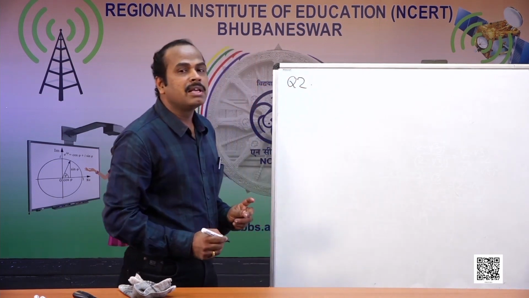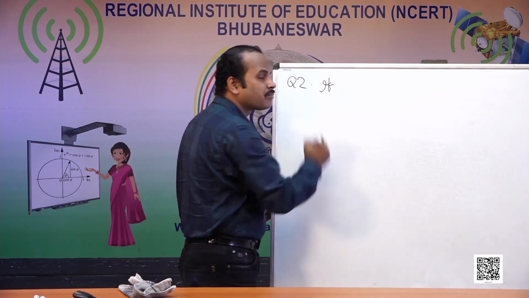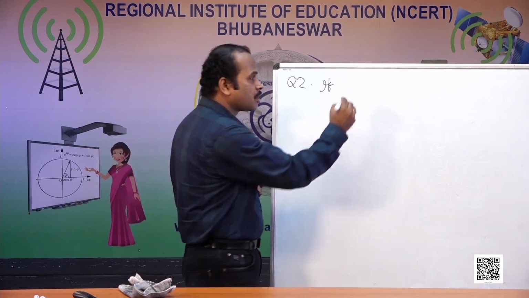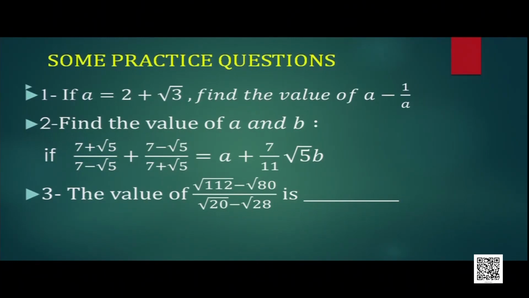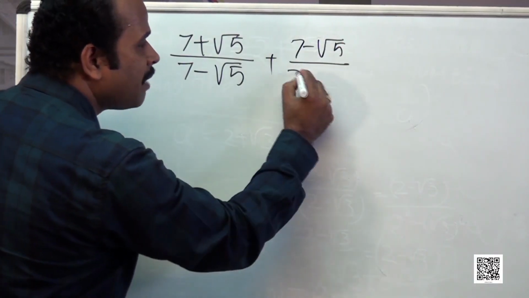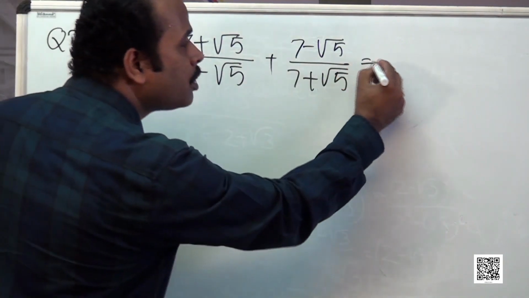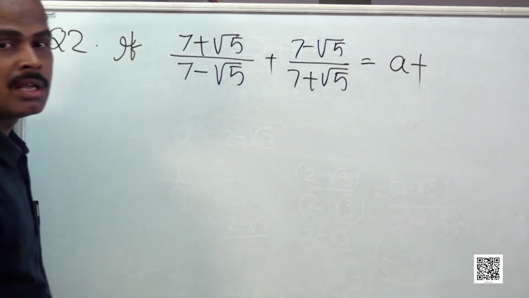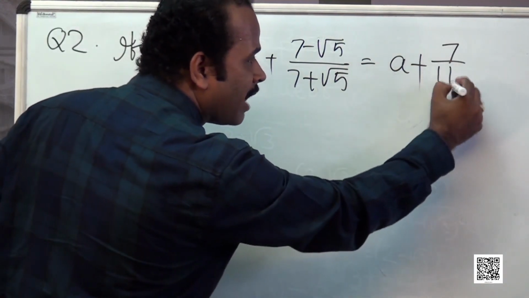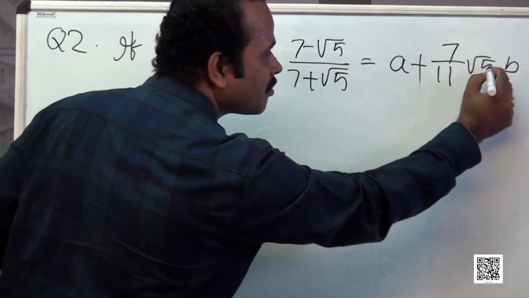Suppose I will find, if 7 plus root 5 by 7 minus root 5 plus 7 minus root 5 by 7 plus root 5 is equal to a plus 7 by 11 root 5 into b.